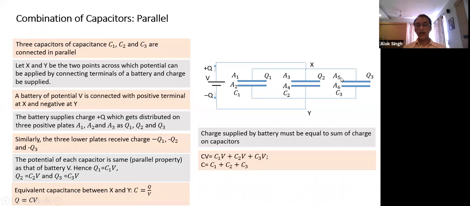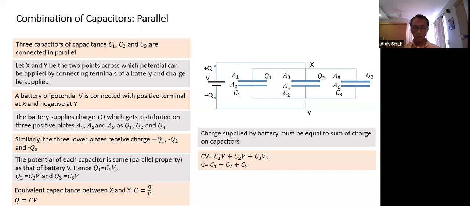So to repeat, what is a parallel connection? If 2 or more capacitors are connected in parallel, they are connected to identical potential points. Here also, C1, C2, C3, which potential points are they connected to? All are connected, one plate to X potential and the other to Y potential. All are connected to identical potential points, so the potential difference is the same across all the capacitors connected in parallel. Potential is common. What is shared here?